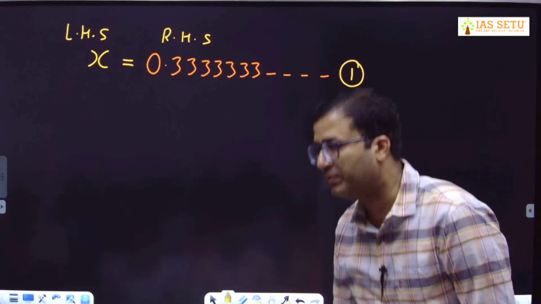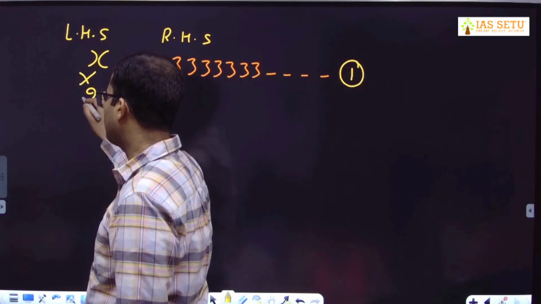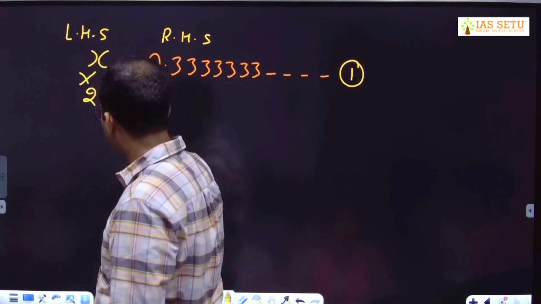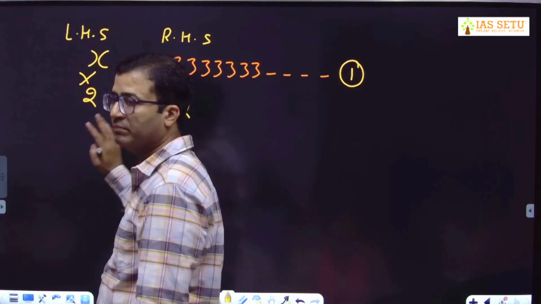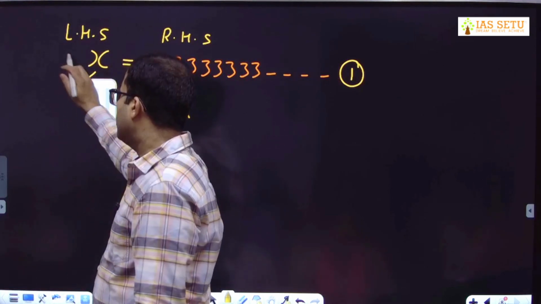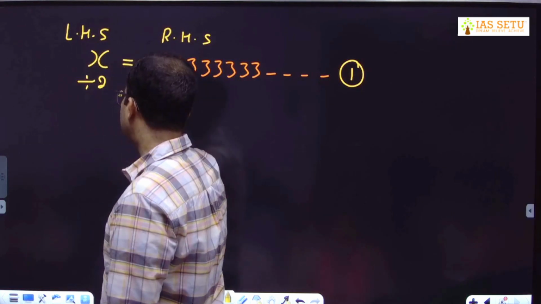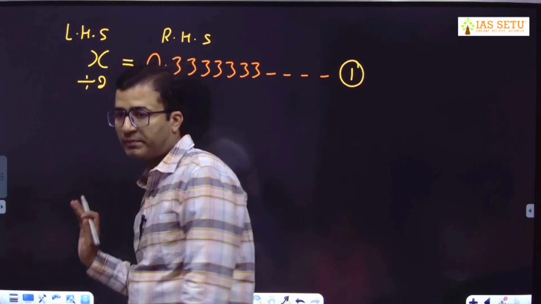If for your calculation you want to multiply with 2, it is allowed, provided that you multiply the right hand side also with 2. You have to do the same treatment. If you want to divide by 2, it is allowed, but provided that on the right hand side also you divide by 2.